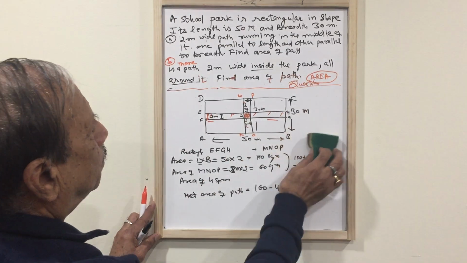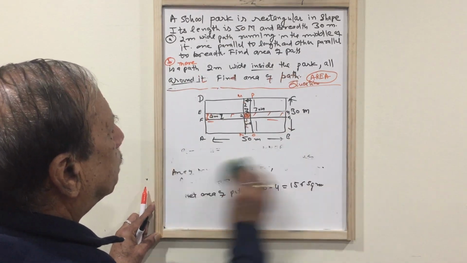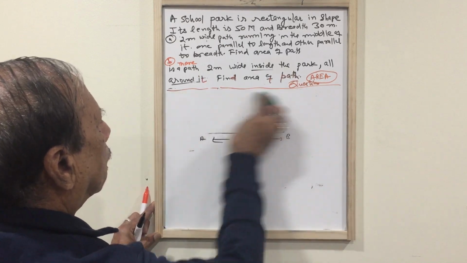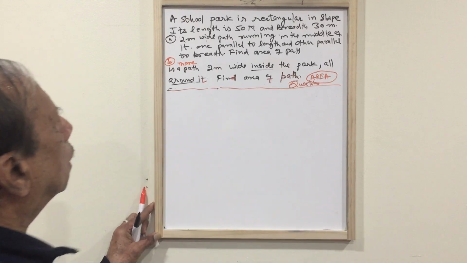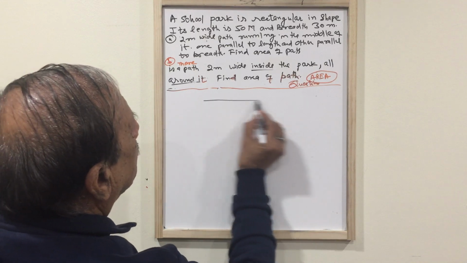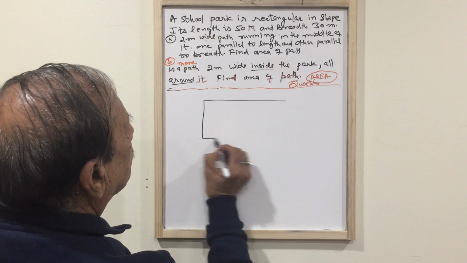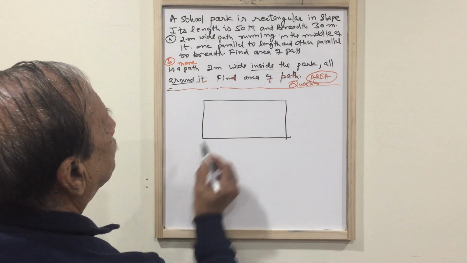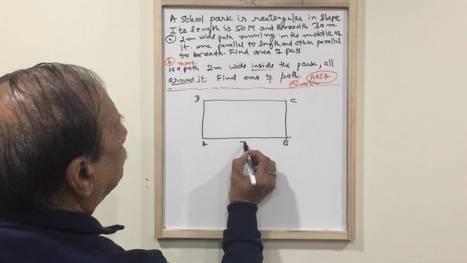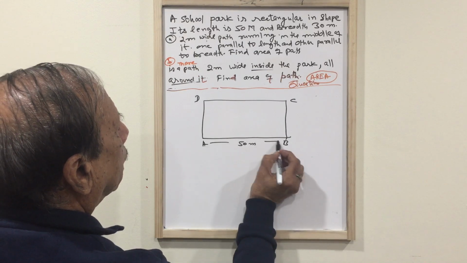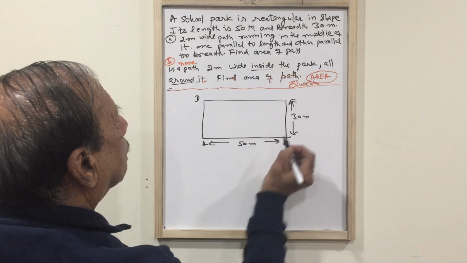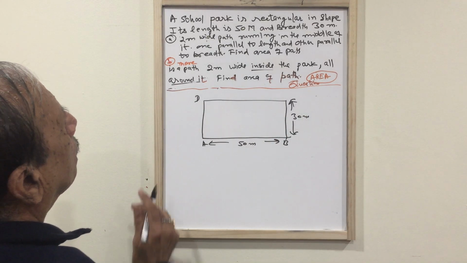Now we will take the second part. It is the same rectangular park ABCD. 50 meters is the length of the park and 30 meters is the width, or breadth, of the park.